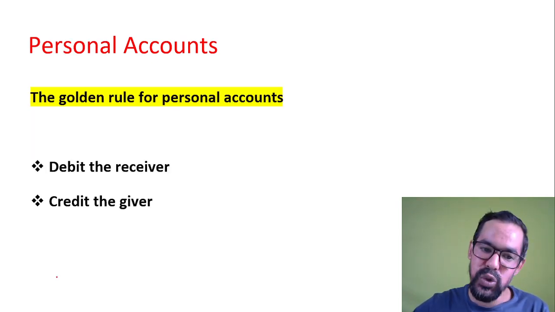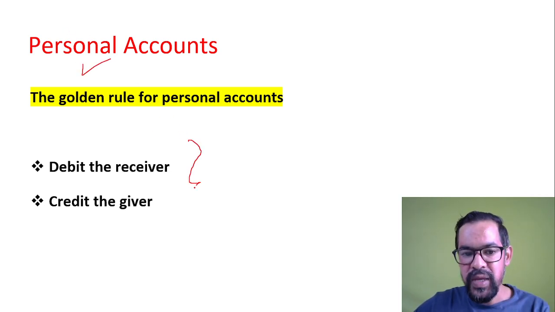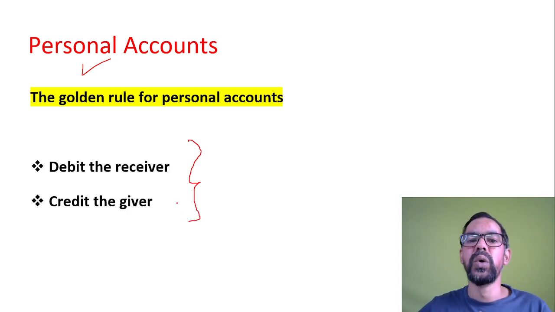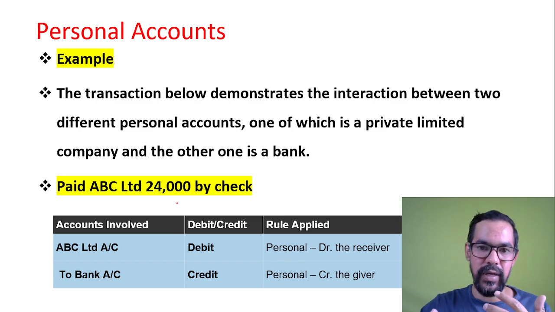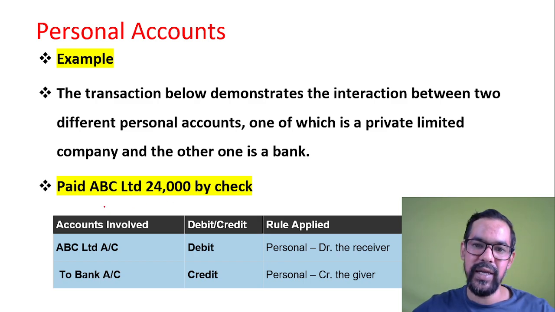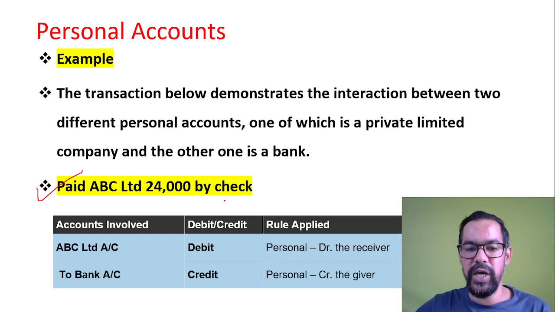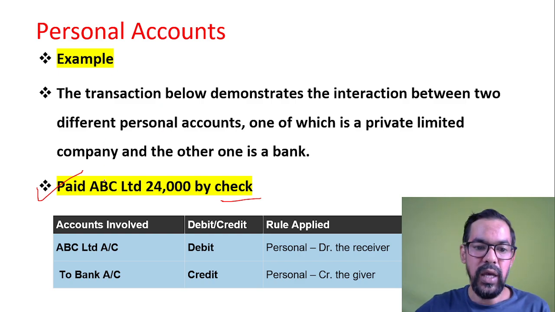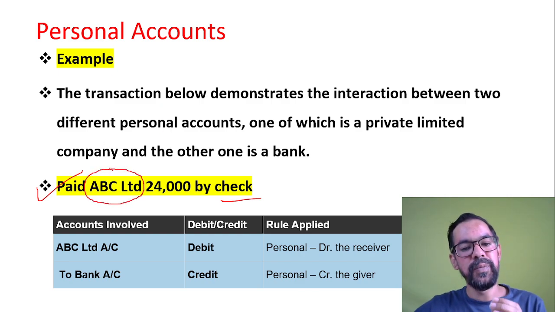Next one is personal account. For personal accounts, debit the receiver and credit the giver. This is the golden rule for personal account. We'll discuss it with the help of an example. Paid ABC Limited 20,000 by cheque. Here cheque means bank, since a cheque is generally cleared by the bank. Now what was the rule?